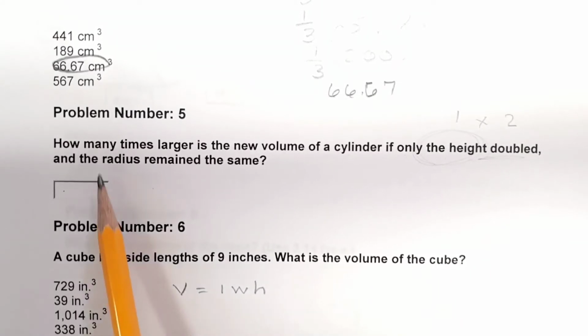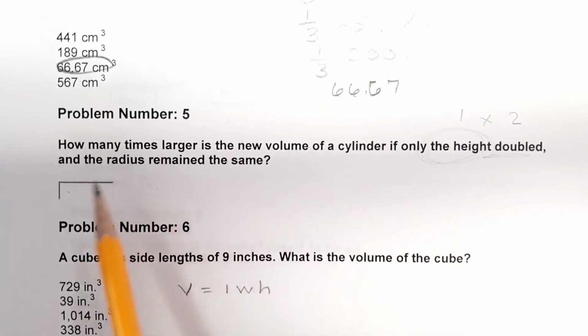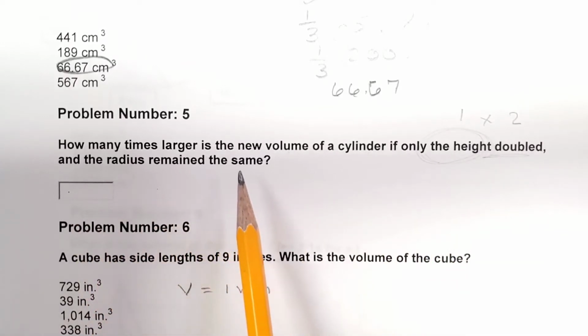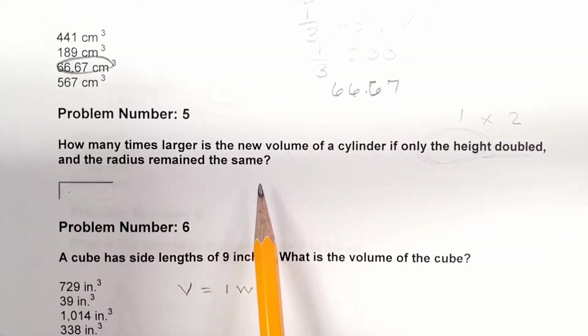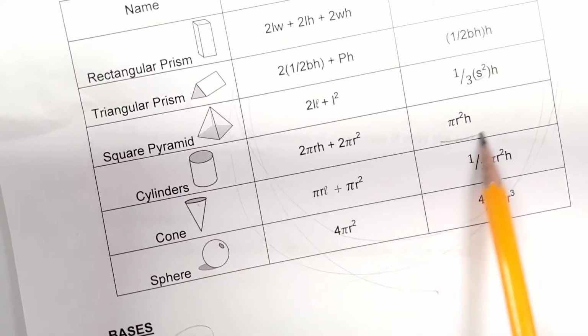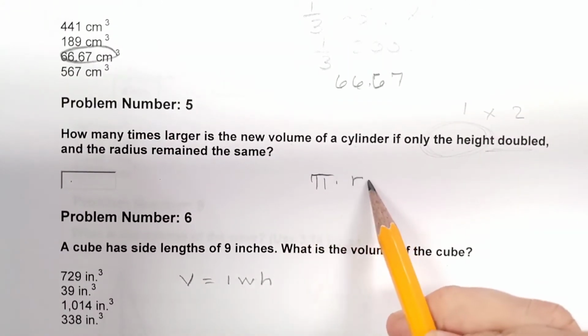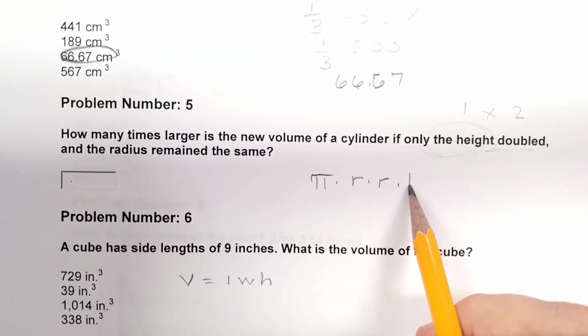Okay, how many times larger is the new volume of a cylinder if only the height doubled and the radius remained the same? All right, so if you look at the formula for the volume of a cylinder, you'll see it's right here. Pi r squared height. So let's write that out. Pi times radius times radius times height.